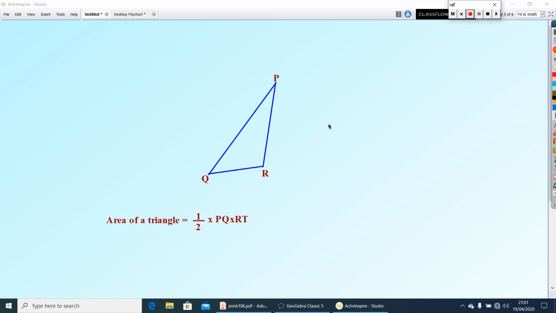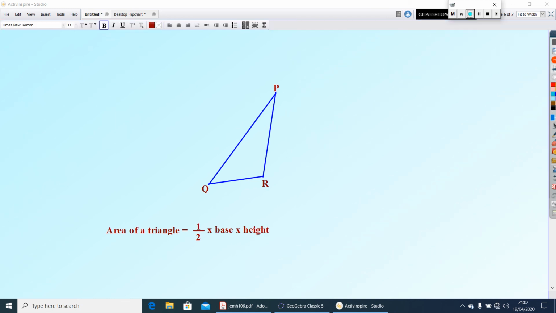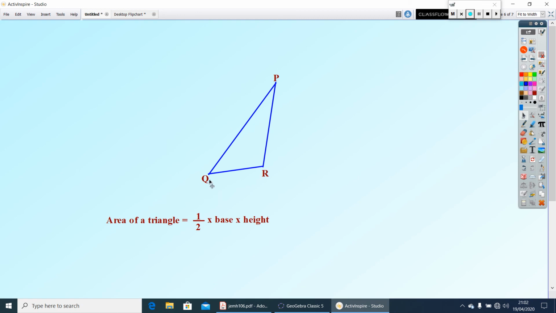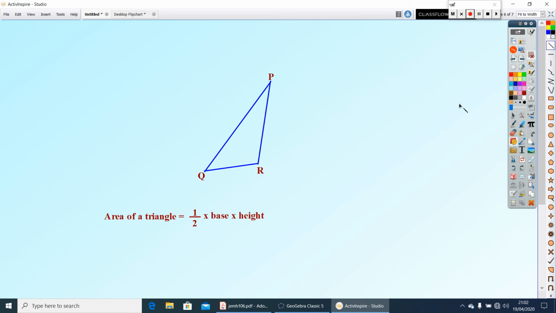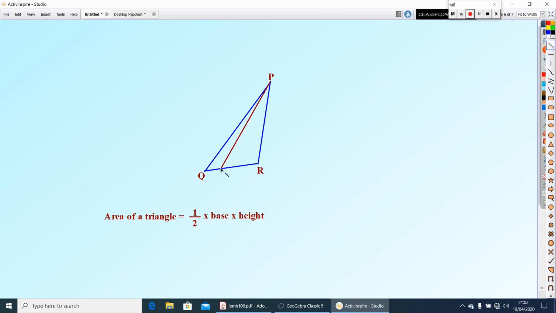Now let me take an obtuse angled triangle PQR, and I want to find out the area with the base QR. If you draw a line perpendicular to QR, you cannot find a perpendicular from QR here.